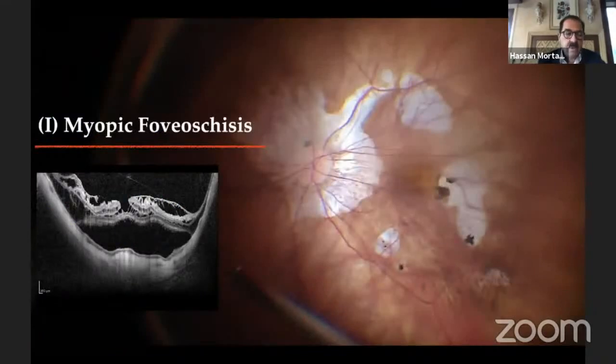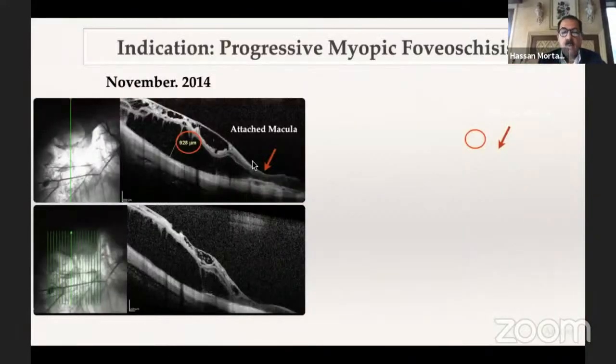I will start by talking about myopic foveal schisis. When should we operate on eyes with myopic foveal schisis? Let's have a look at this patient. In November 2014, there was an inner layer retinoschisis, but the macula was attached and the patient was asymptomatic and refused any surgery.